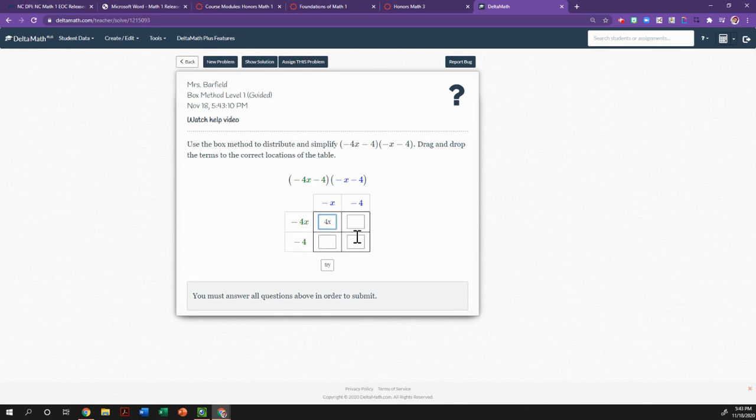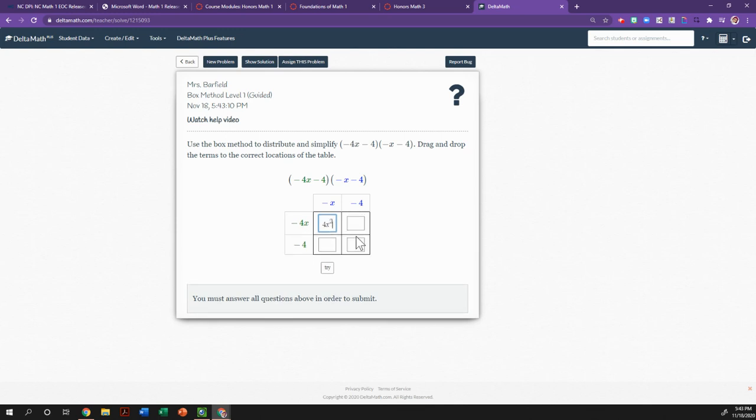And when I add my exponents, I get x squared. All right. Negative 4 times 4x is negative 16x. Negative 4 times negative x is positive 4x. And negative 4 times negative 4, positive 16.